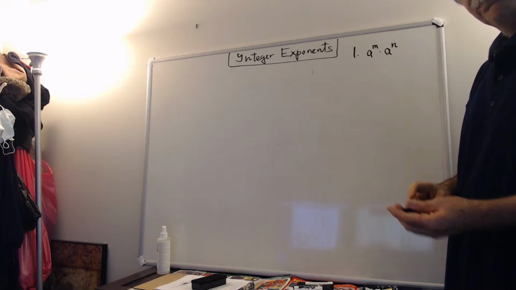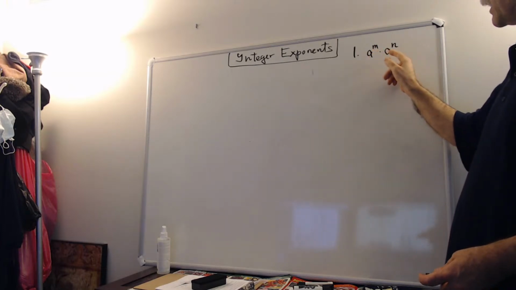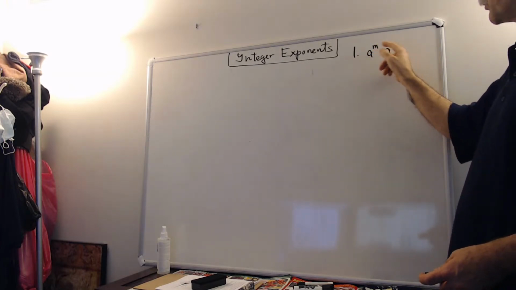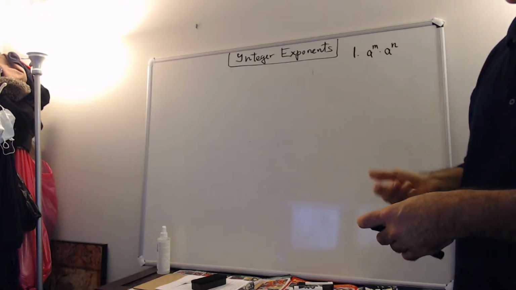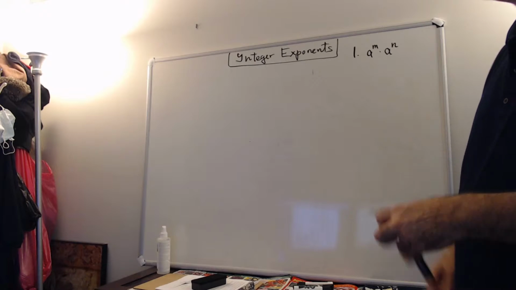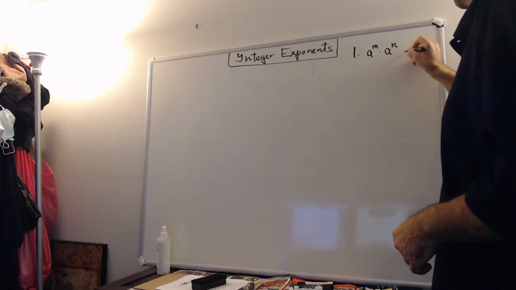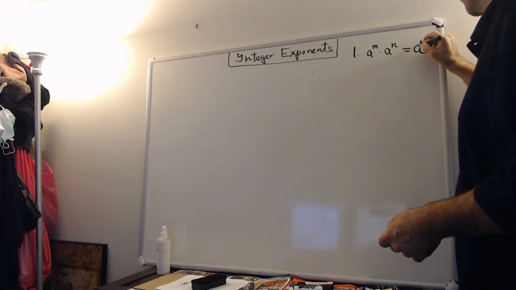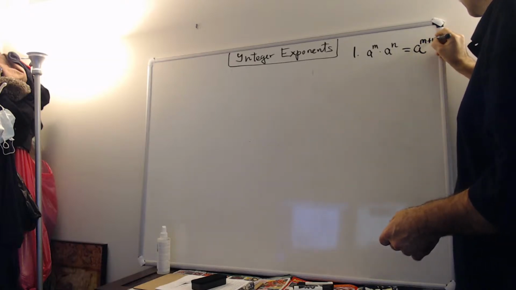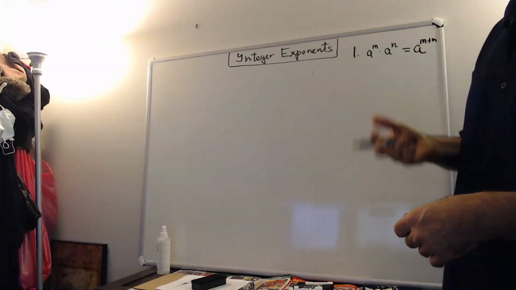Notice here, I have base A, and on the top there are two different things, like 2 and 3, or 1 and -5, or anything like that. The rule is that this is equal to, again, the same base, and on top you do the sum of the two powers, or should I say exponents.